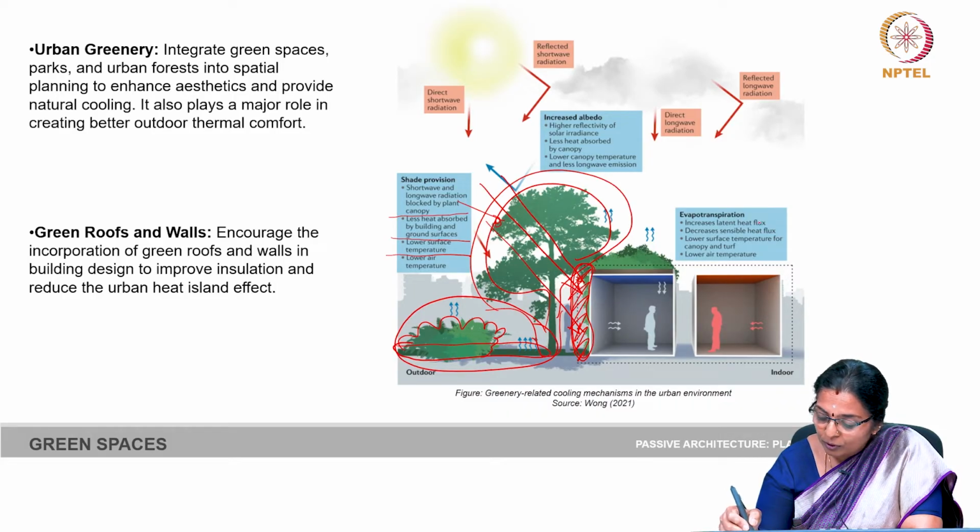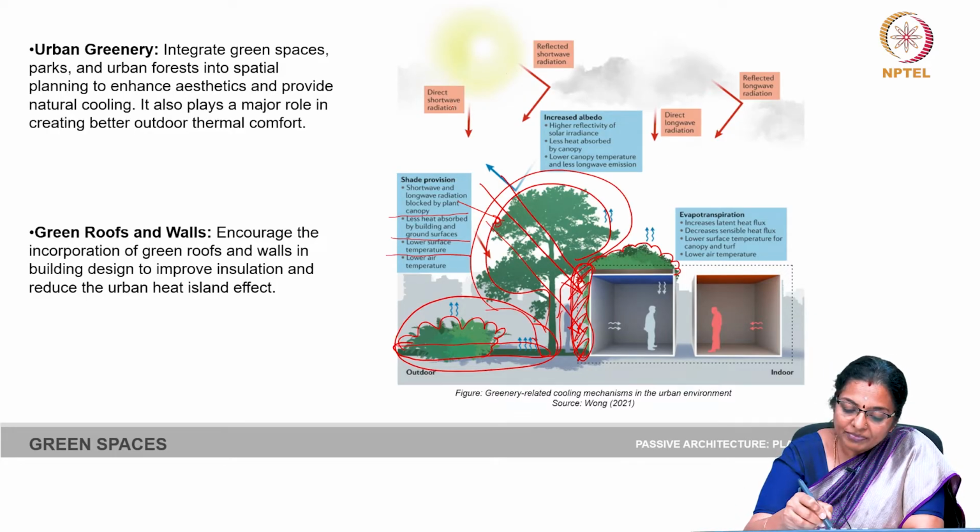The evapotranspiration increases latent heat flux and decreases sensible heat flux. It lowers surface temperature for canopy and turf, and it lowers air temperature. This roof garden aids in many ways. See, you should understand that there is direct short wave radiation and there is reflected short wave radiation.